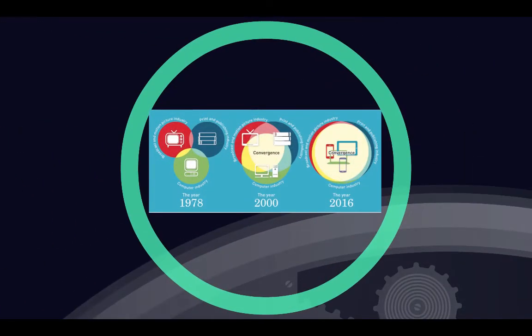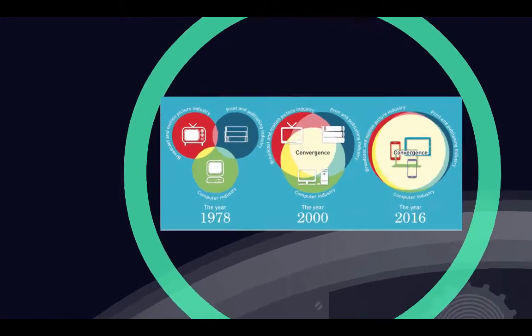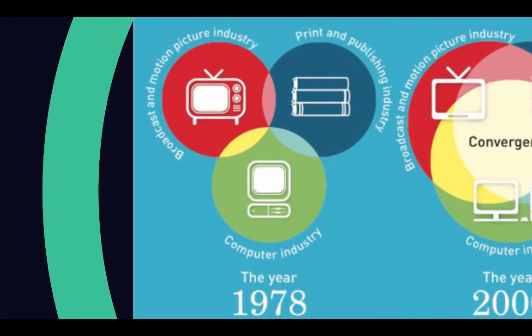As I told you, digital media is any media that can be encoded in a machine readable format. But this was a theory that was proposed way back in the 1970s by scholar Nicholas Negroponte. In the 1970s, the television and movie industry was separate. This was the first circle that represents the television and broadcast industry.